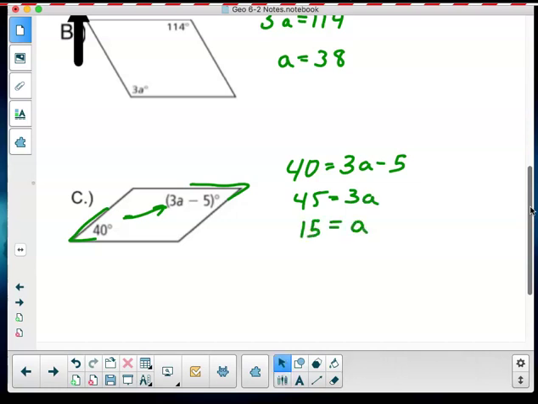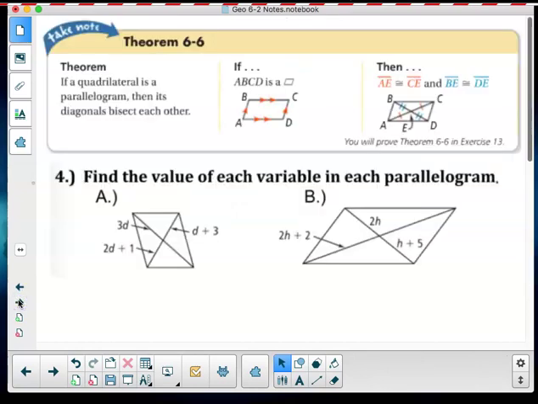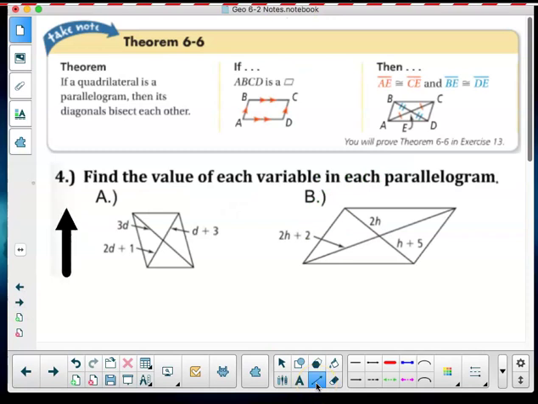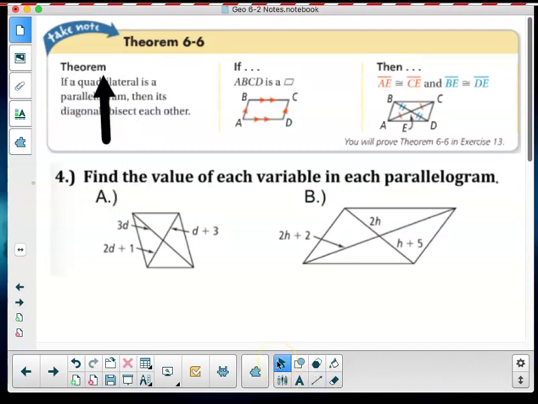Okay. So our next one. If a quadrilateral is a parallelogram, then its diagonals bisect each other. Diagonals are bisecting each other? No way. Well, the diagonals are mutual bisectors of each other.